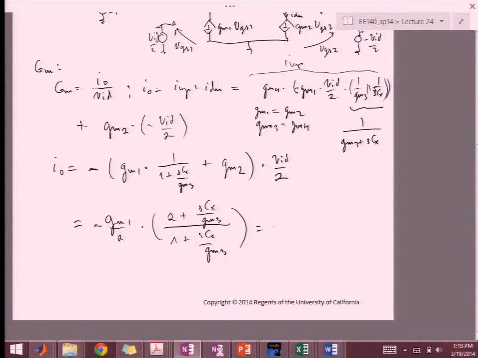And then that is equal to minus GM1, and then we have sort of the familiar expression 2 GM3, and then 1 plus SCX over GM3.